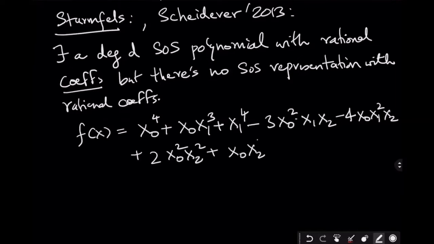It's basically a degree 4 polynomial in 4 variables. So Scheiderer proves that this particular polynomial is a sum of squares polynomial, but that there is no sum of squares representation for it where the constituent polynomials have rational coefficients. So there is no meaning in talking about bit complexity, because you can't even represent these polynomials with rational coefficients.